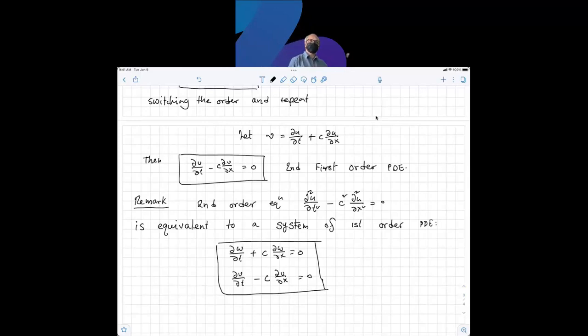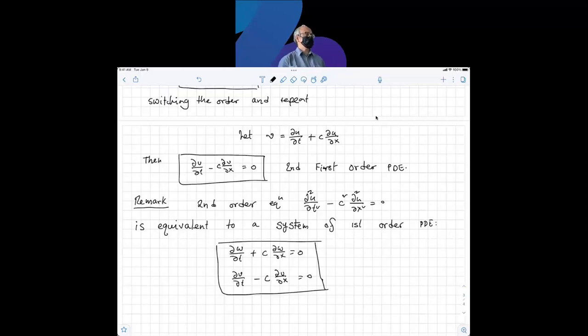And the difference between those two equations is the plus or minus sign of C. So that means we can now think of a different way of solving the wave equation. We can just think of solving one of the first order PDEs and then combine that to get the solution of the second order wave equation.